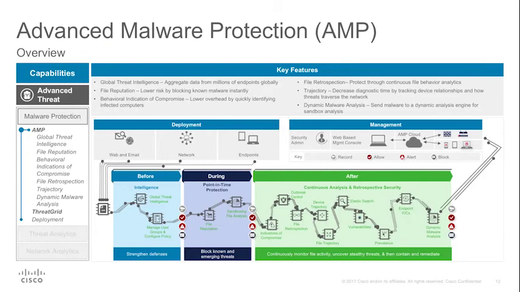And with features like file and device trajectory, an organization can understand exactly how a threat entered the environment, every device that is infected, and the way the threat moved across the network for future hardening and segmentation. Security teams use AMP to detect, track, analyze, control, and block advanced malware outbreaks across a network and endpoints, including PCs, Macs, mobile devices, and virtual systems, and it's easily managed in a web-based console.